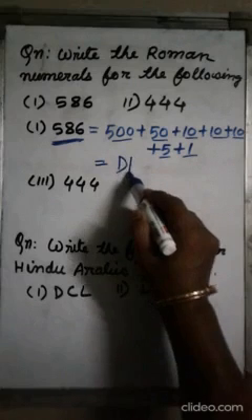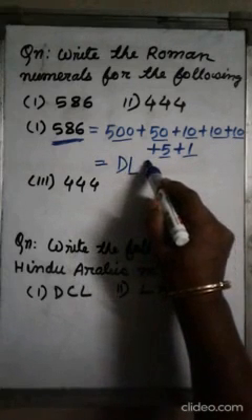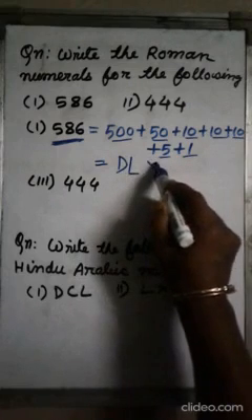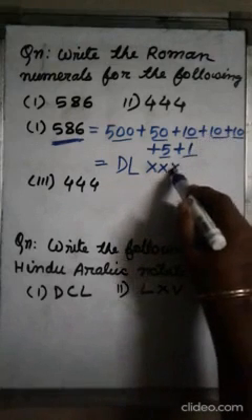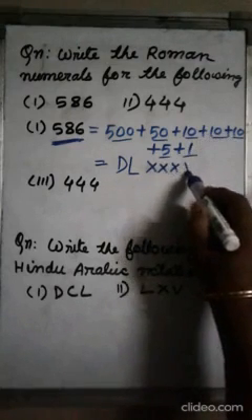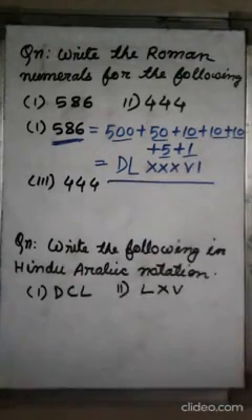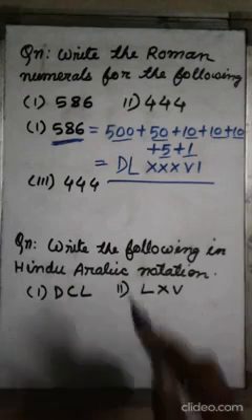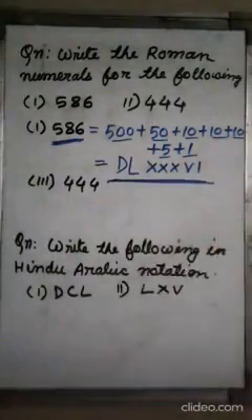For 50, it is L. For 10, it is X, next 10, X, next 10, X. For 5 it is V and for 1, it is I. So for 586, the Roman notation is this.